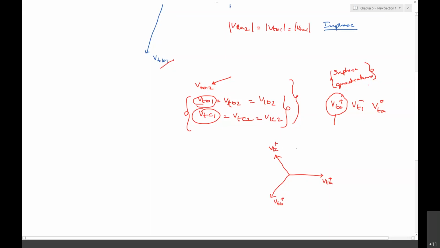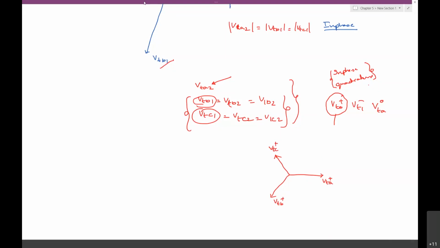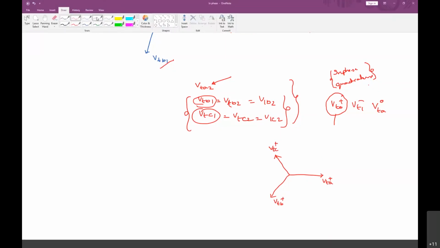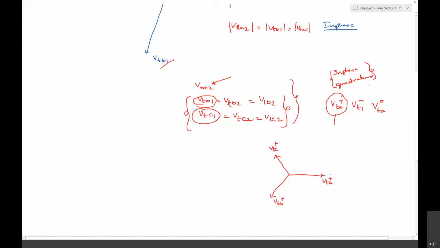These are all the positive sequence voltages. And then they try to inject the in-phase compensation, this method.